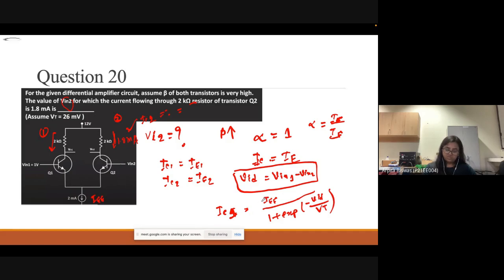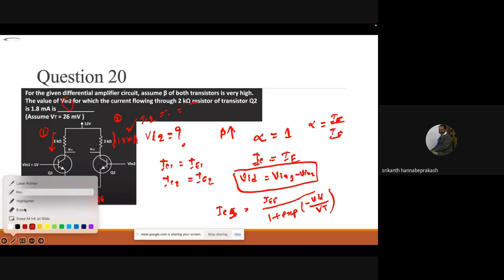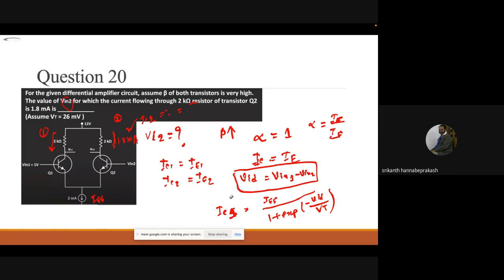Okay, so now if you are writing, please write it down, then I will erase it. I will take this down: 2 milliamp divided by 1 plus e power minus VID.